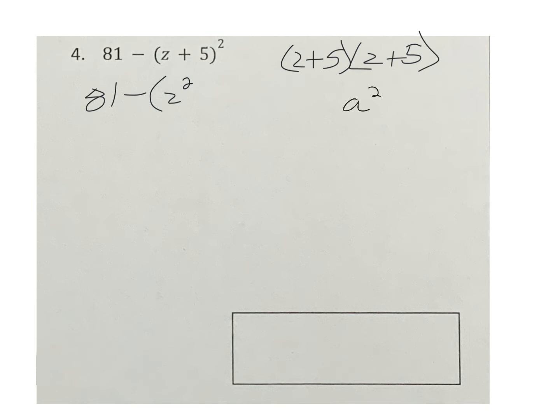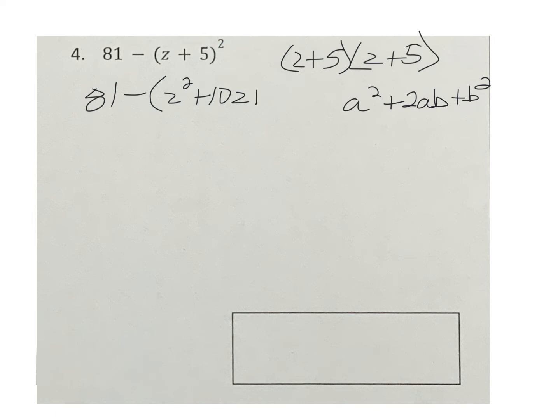It's a squared plus 2ab plus b squared, okay? So the 2ab is 2 times 5, which is 10, and then 10z. So that's going to be plus 10z, and then b squared is 25.